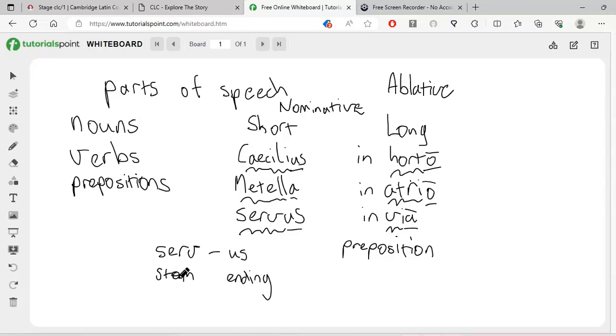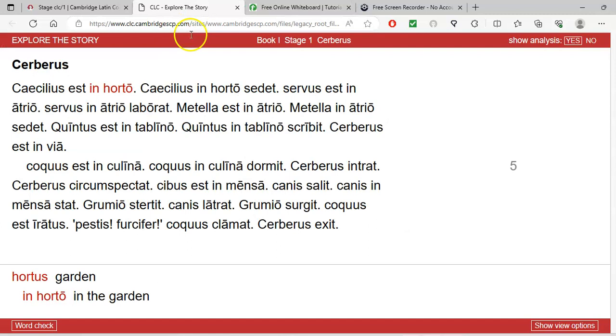Now the last type of word we're going to look at are verbs. So here we have est, is, sedet, sits, laborat, works. Now the location of the verb in these sentences is often at the end, unlike in English, where it is often in the middle. We would say Caecilius sits in the garden in English, but in Latin, Caecilius in ordo sedet. Caecilius in the garden sits.